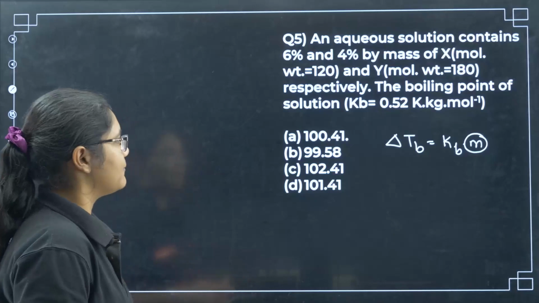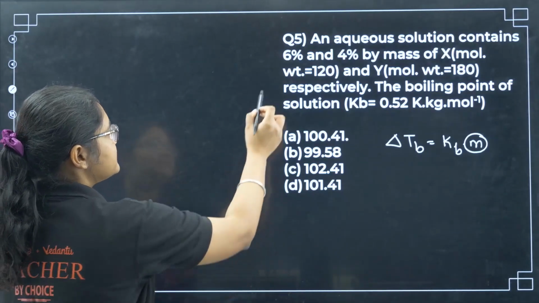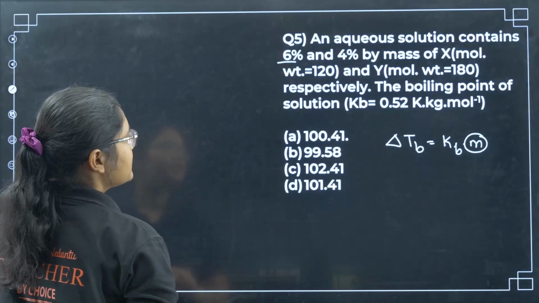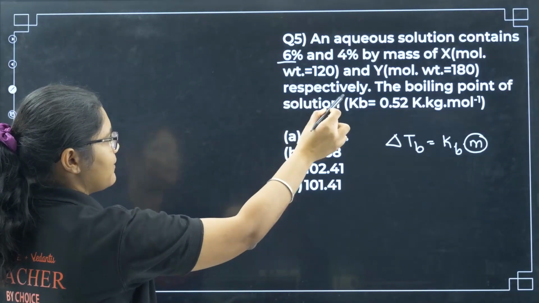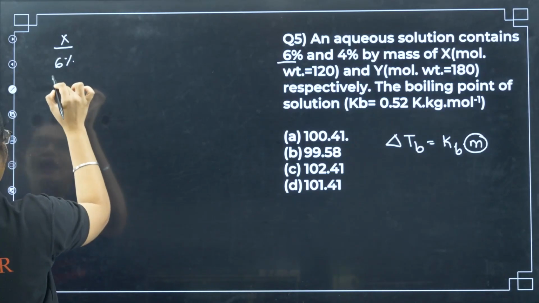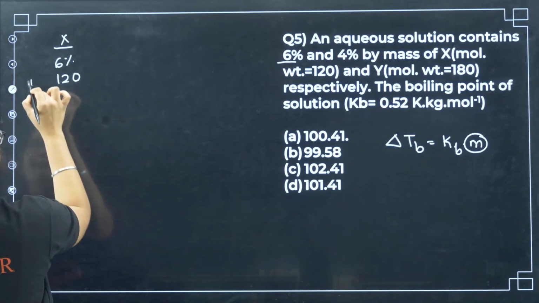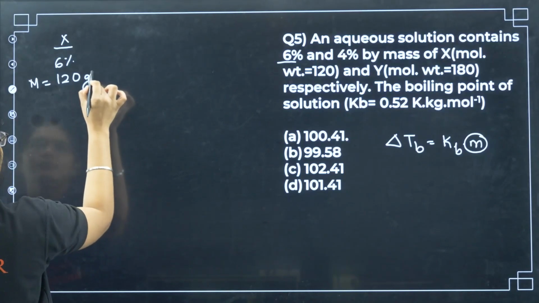Now for example, let us do this. We have an aqueous solution containing 6% of X and 4% by mass of Y. So X is 6%, and its molar mass is 120 gram per mole.